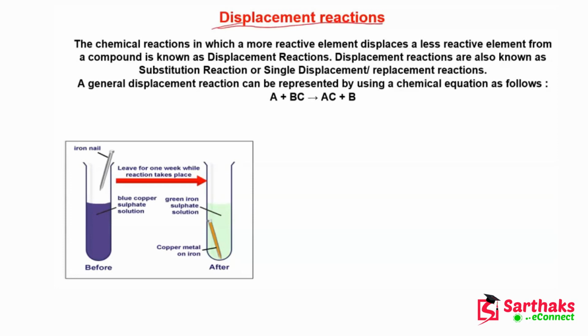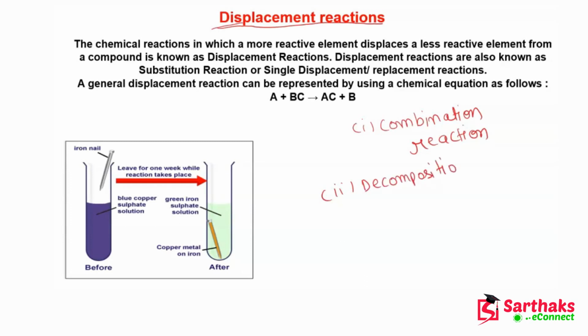Basically, in this chapter, we have seen two types of chemical reaction. First one is combination reaction, and the second one is decomposition reaction.